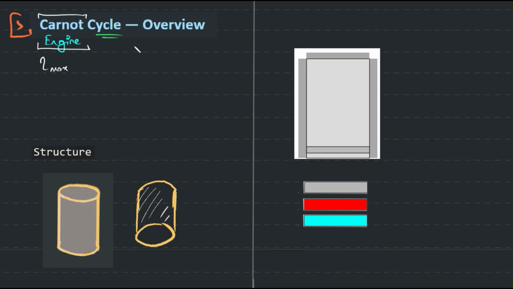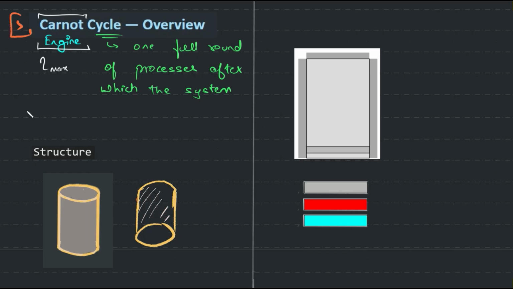But what is a cycle? Let's define cycle first and then move on. Basically, in engineering, a cycle we can define as one full round of processes after which the system returns or comes back to its starting stage.